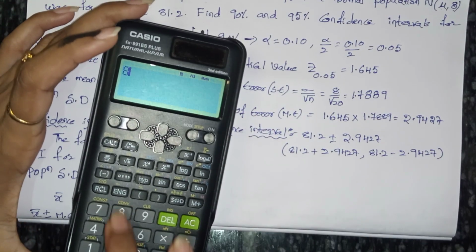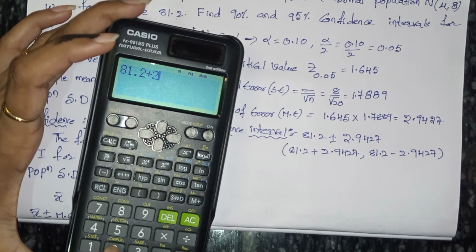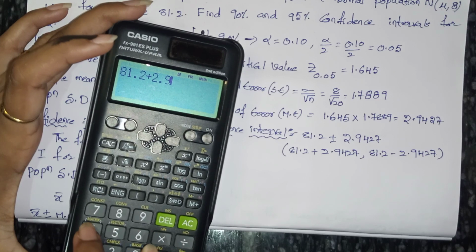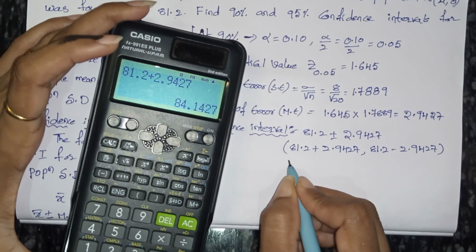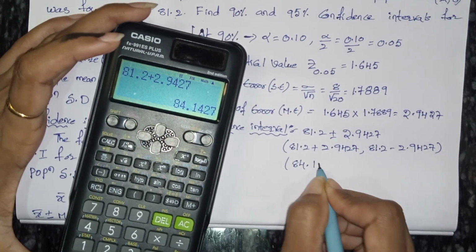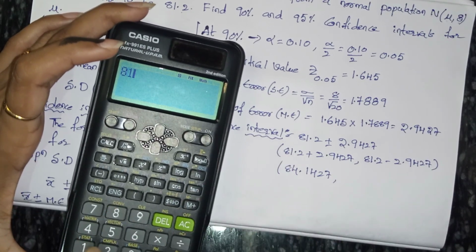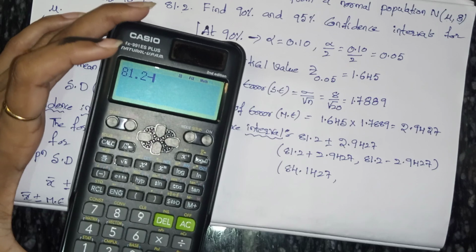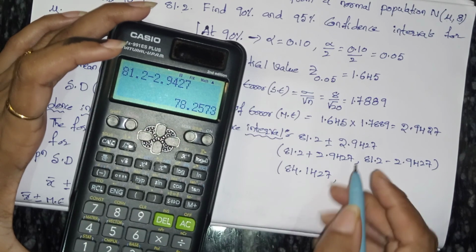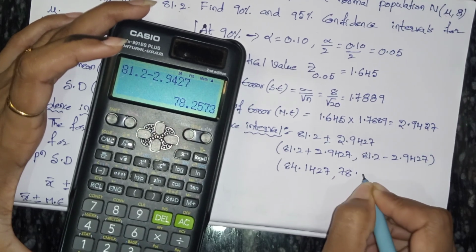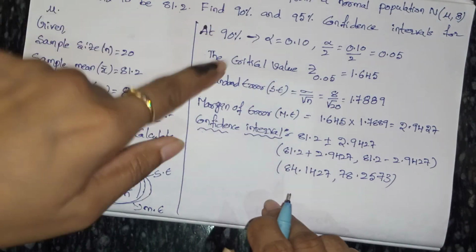So 81.2 plus 2.9427 equals to how much? 84.1427 comma 81.2 minus 2.9427 equals to how much? 78.2573. Okay, so this is about 90%.